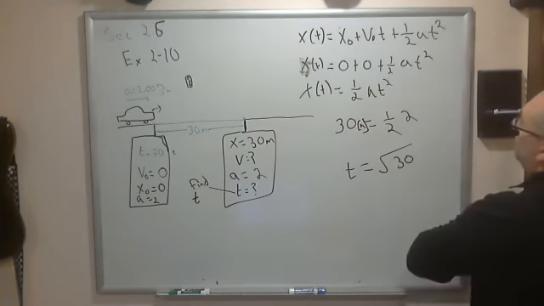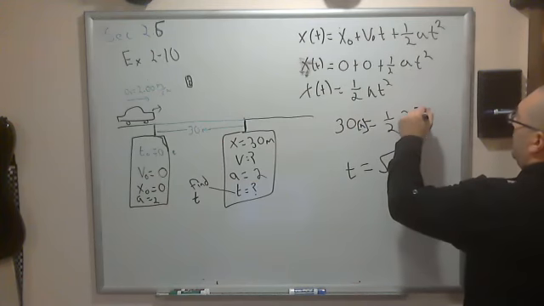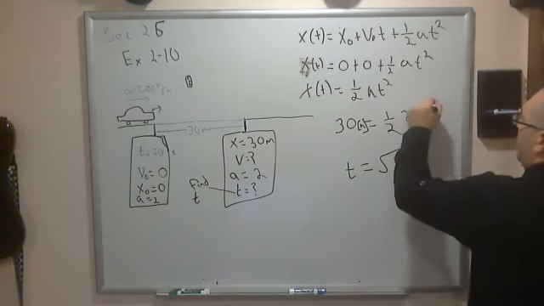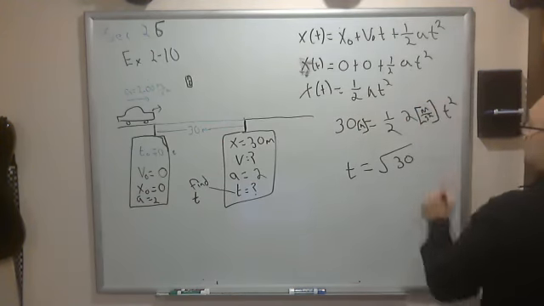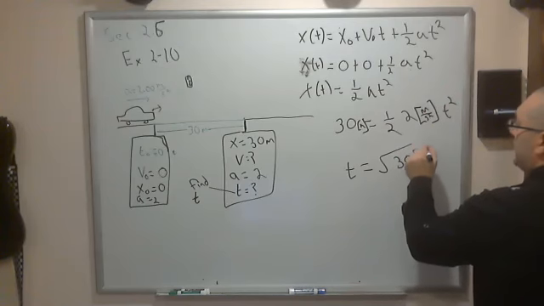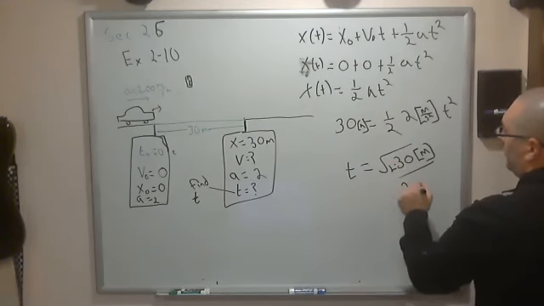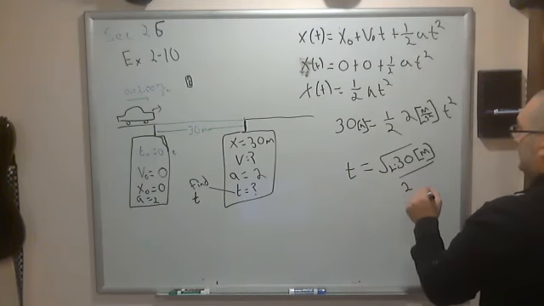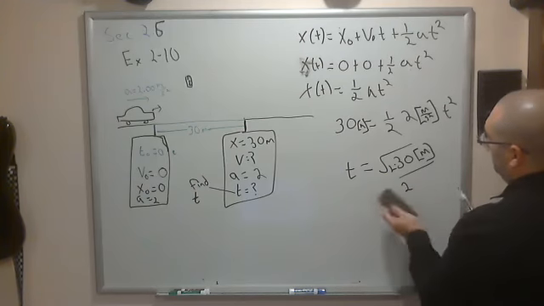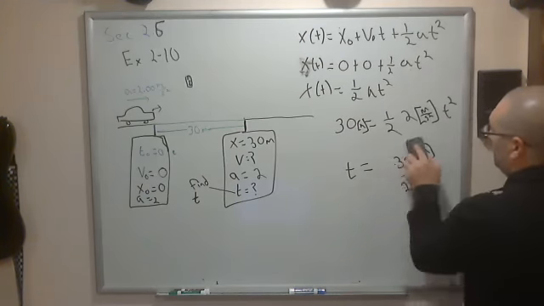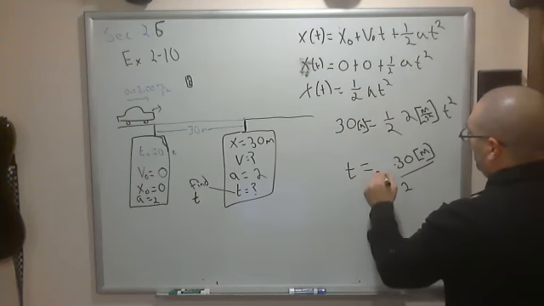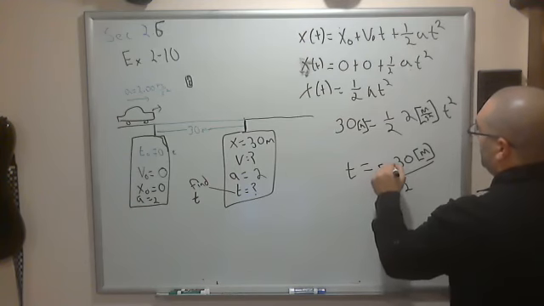And then we have 2 meters per second squared of acceleration times second. So let's follow the dimensional analysis. And then over here is meters per second squared.